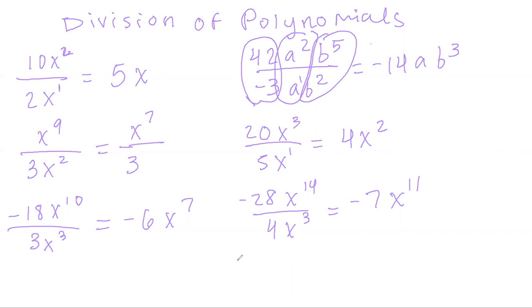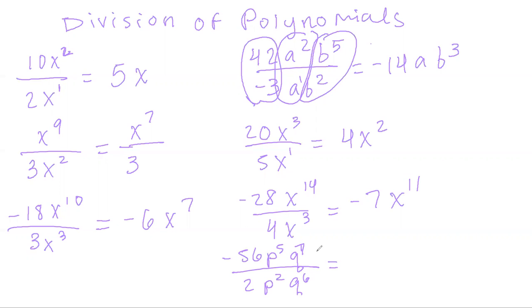Okay, and then I just have one more, so negative 56 p to the 5th q to the 7th over 2p squared q to the 6th.